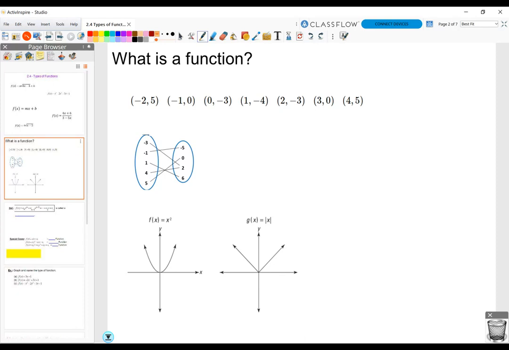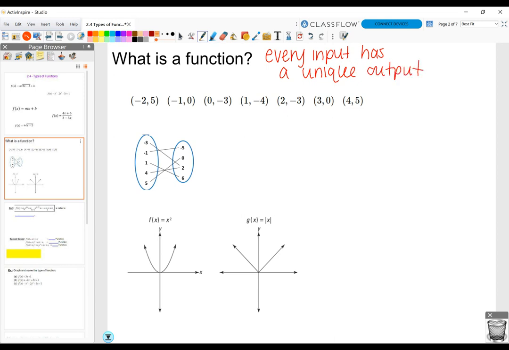Before we talk about types of functions, it's important that we review what a function is. So on this page are all different types of functions, and let's make sure we remember what the definition is. A function is something where every input has a unique output.